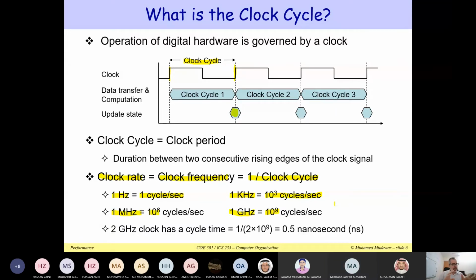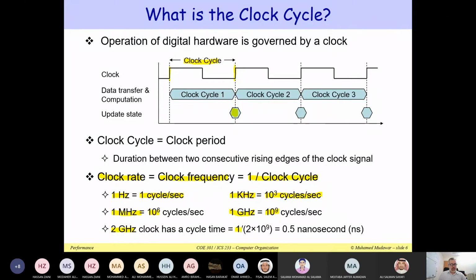So you see how they are related. You have to reduce the clock cycle to 1 nanosecond to have a 1 gigahertz clock frequency. So for example, if you go and buy a laptop that has a 2 gigahertz clock frequency, then you ask, what's the cycle time?